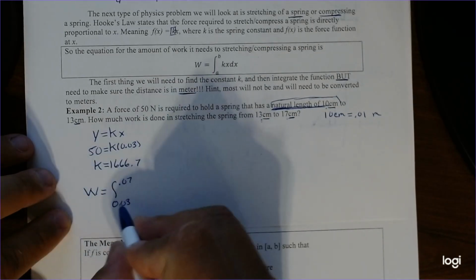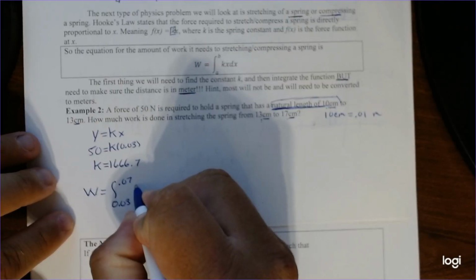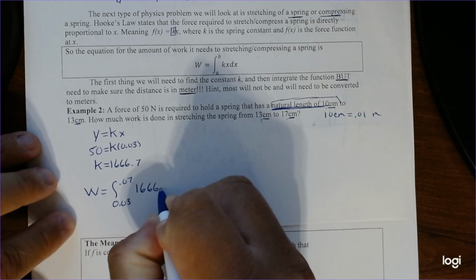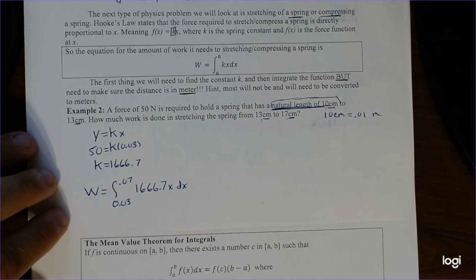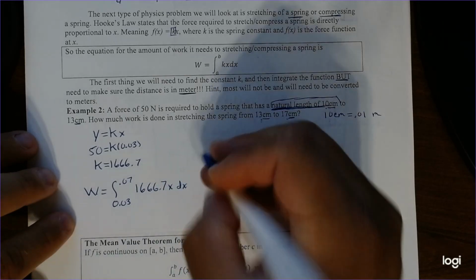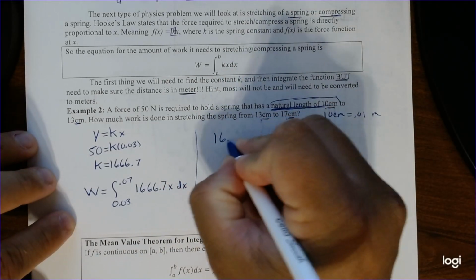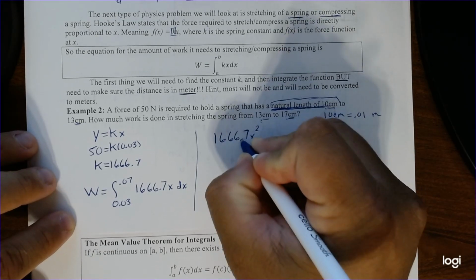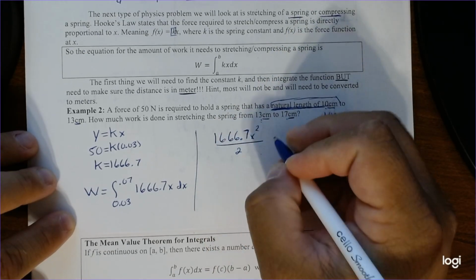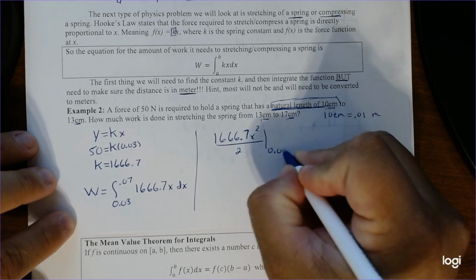So from k times x, we'll just integrate that. Not too bad, right? This is going to be 16 x squared over 2, evaluated at those two values.